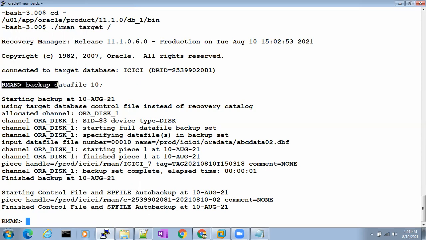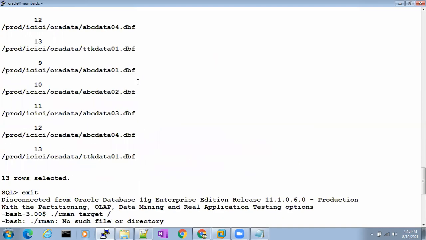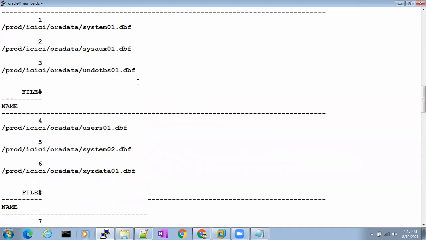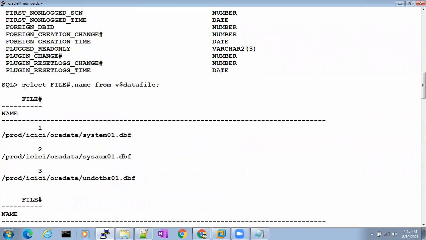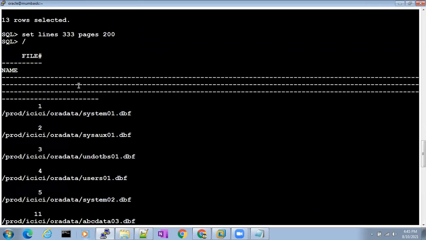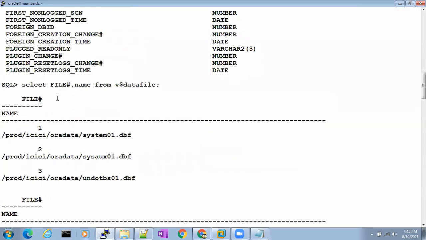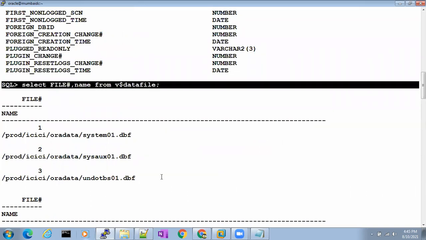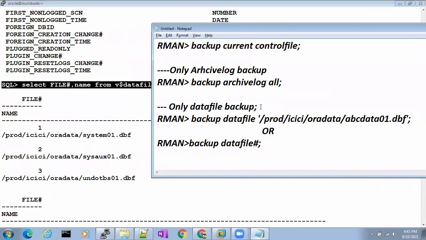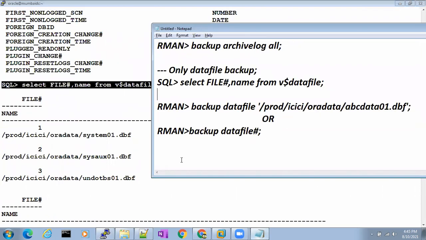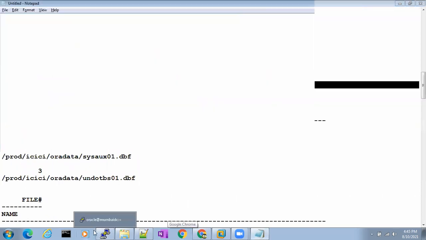So to take a backup of only a specific data file, what you need to do is first check what the files are in SQL, and then you can go with either the full location or the data file number, and take a data file backup.